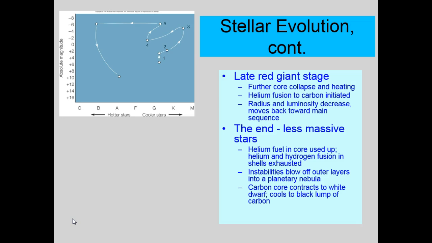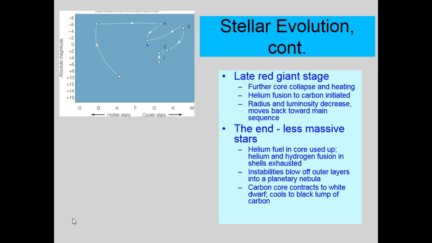Now, part of this sort of seems like it doesn't make sense, but it kind of does. You would think when the fusion started again, it would be more outward pressure, but the deal is here, it's not continuing to heat. It reaches an equilibrium, and that's why the radius decreases again.